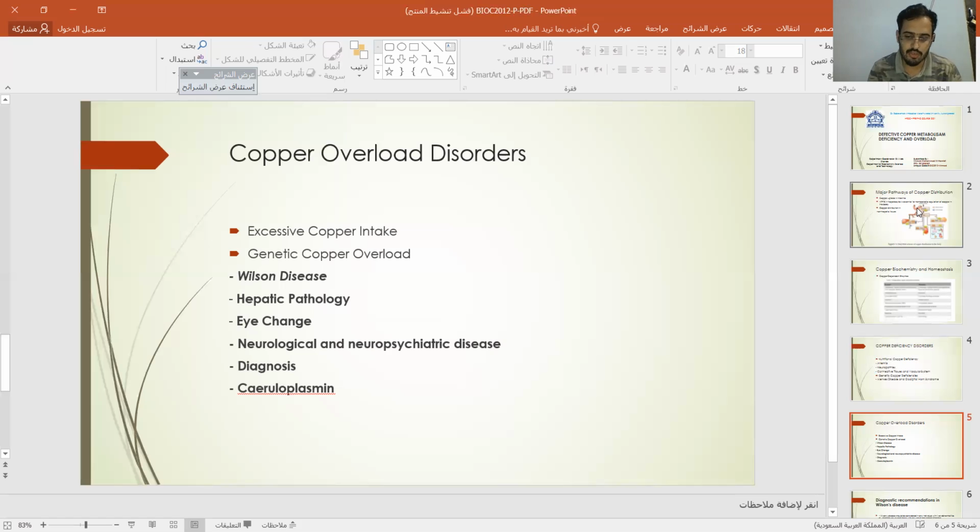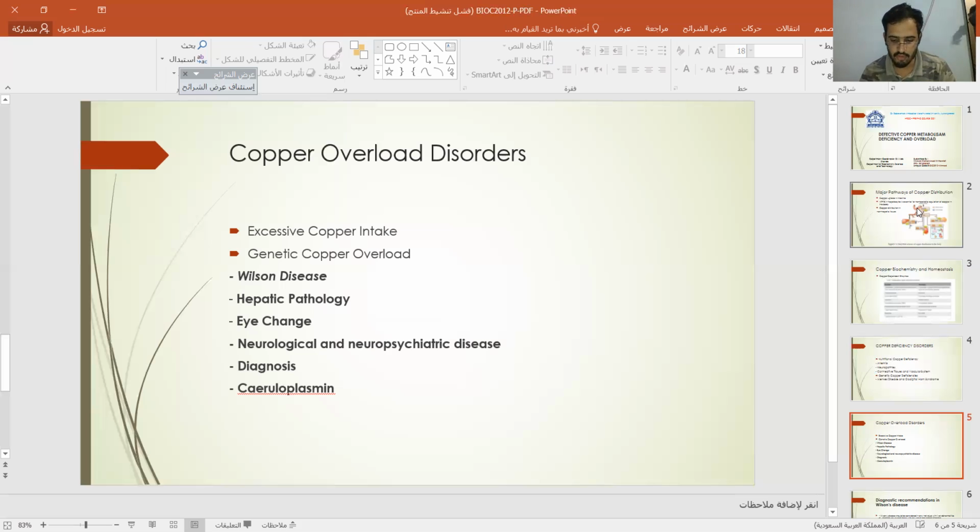Next, diagnosis and recommendations in Wilson's disease. Wilson's disease should be considered in any individual with liver abnormalities of uncertain cause or those with onset of movement disorders. Assessment should include history, physical examination, liver function tests, whole blood cell counting, serum copper and ceruloplasmin, 24-hour urinary copper excretion, liver biopsy, and quantitative tissue copper measurement, the test of biochemical evidence of Wilson's disease.